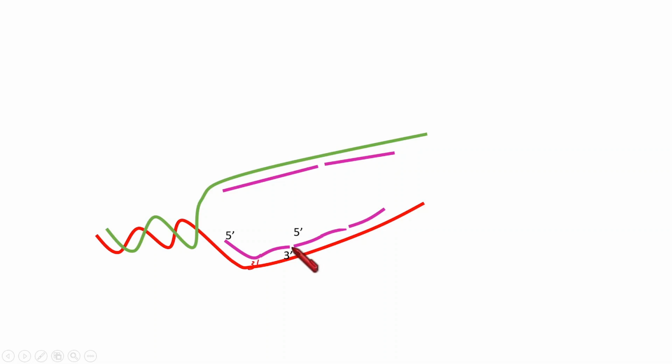There is left a small gap. That gap is filled by another enzyme called DNA ligase. Okay, and I think these points are clear to you. That's the importance of DNA polymerase 1 and DNA ligase. Okay.